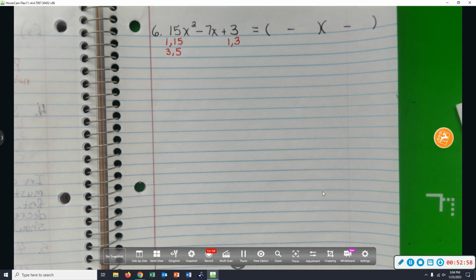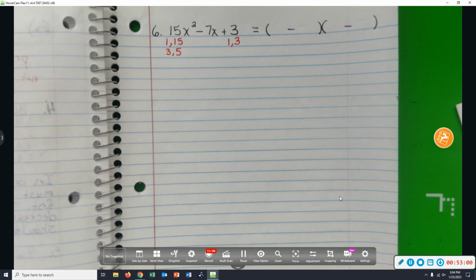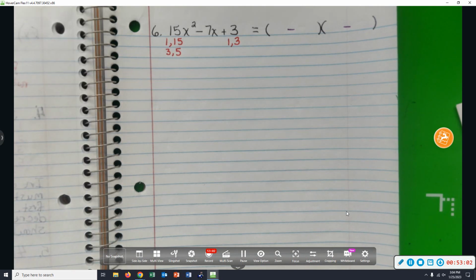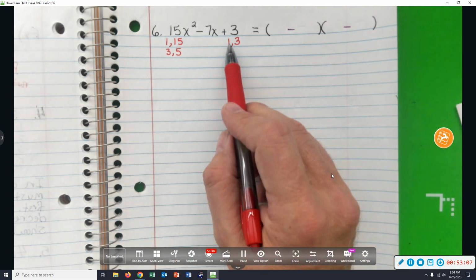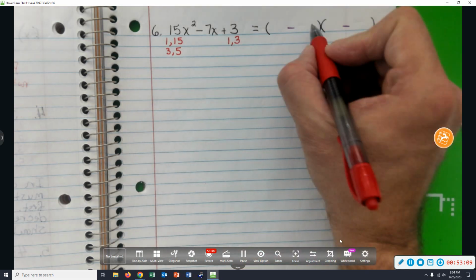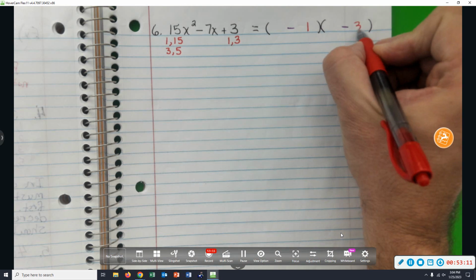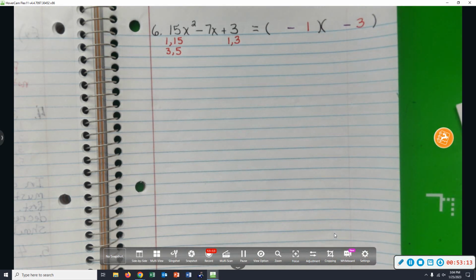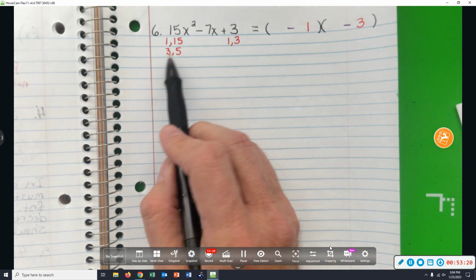Have you mentioned that you can't have a common factor inside parentheses? Mm-hmm. So 1 and 3, I'm just going to put the 1 and 3 there. That's the only thing that's going to give you a product of 3. 1 times 3.